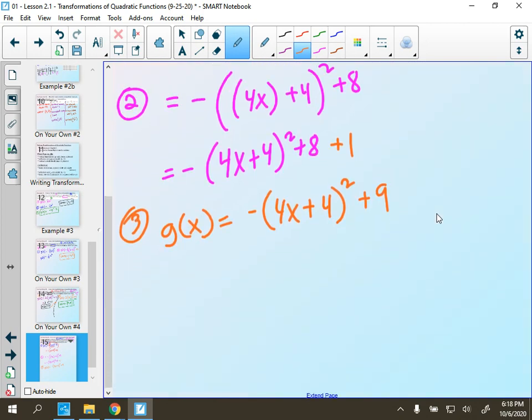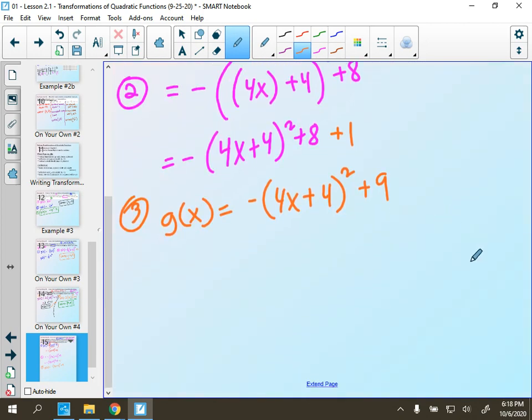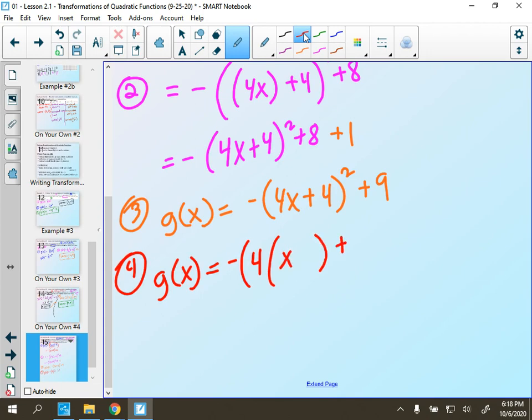So what that ends up looking like, if we break it totally apart: remember, 1 unit right is just x minus 1. So we're not going to touch this 4, but pull off from the x this plus 4, this squared, this plus 9.